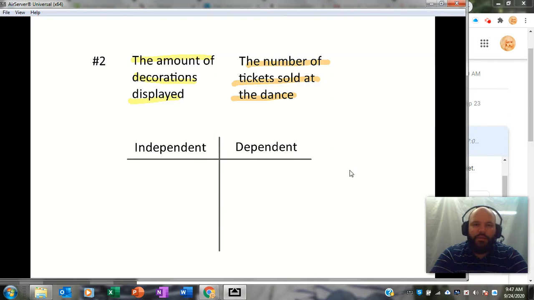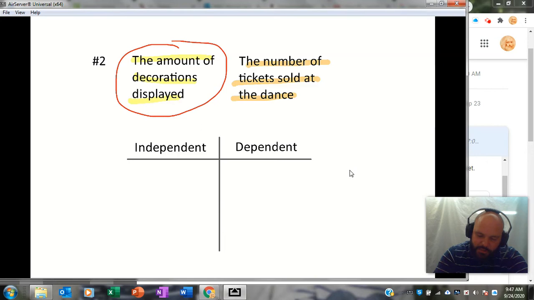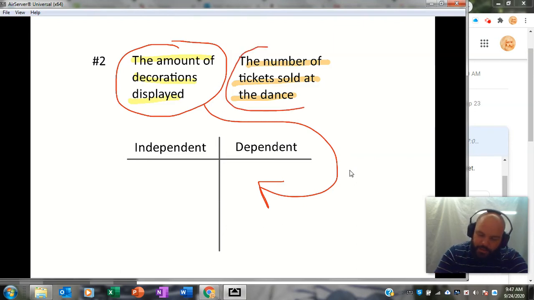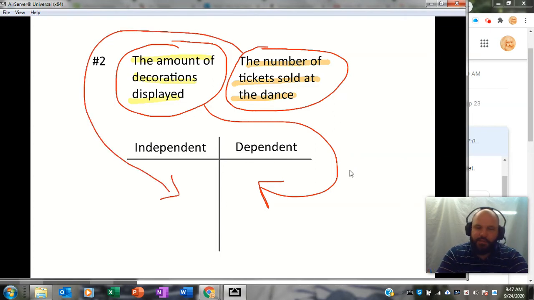And so the dependent one is going to be the amount of decorations displayed. So this is the dependent one. And the amount of decorations displayed depends on the number of tickets that are going to be sold. So the number of tickets is the independent.